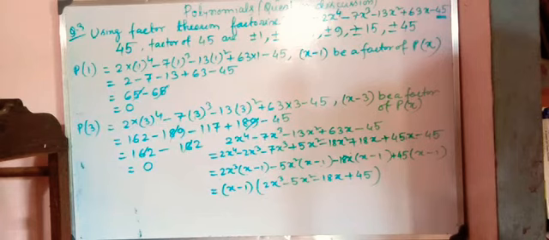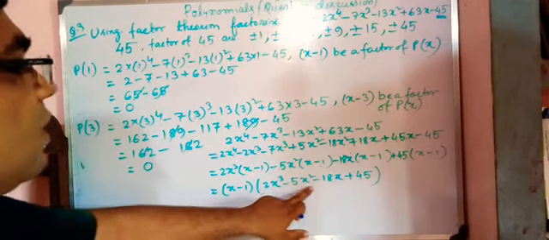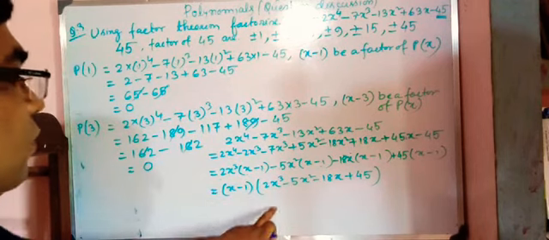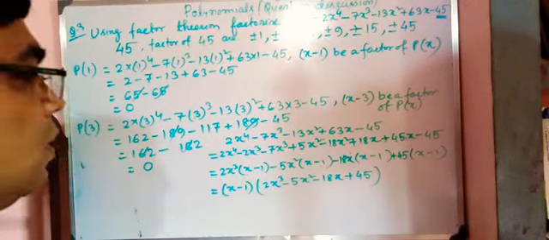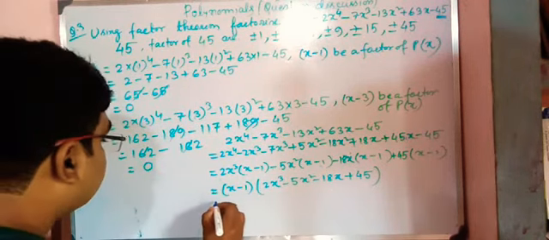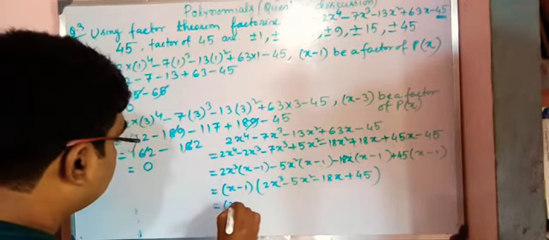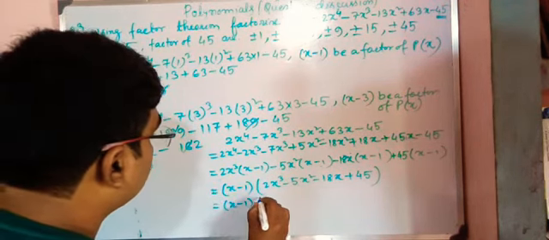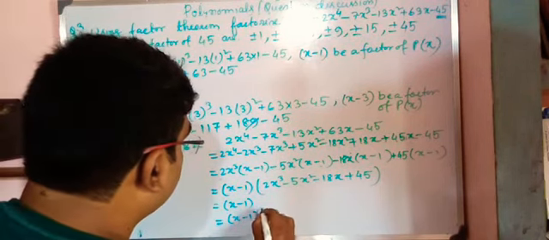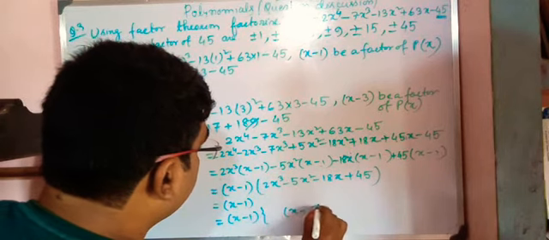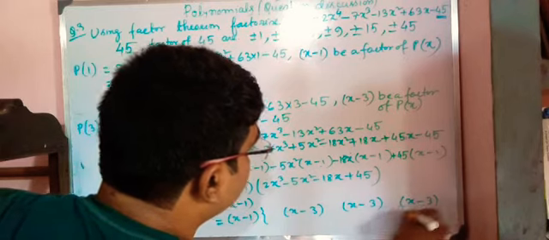Next again, since x minus 3 is a factor of this cubic polynomial, we can again adjust it. This is x minus 1, x minus 3, x minus 3 and x minus 3.